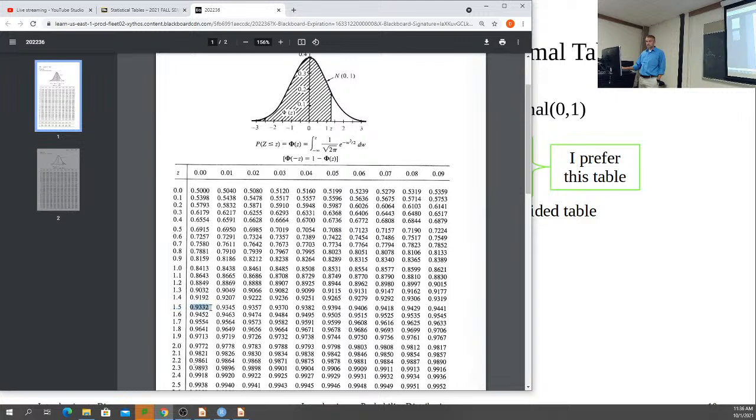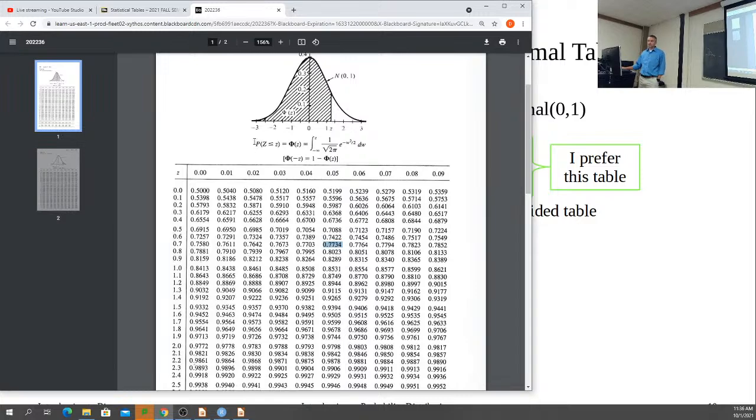The hundredths place is 0, which means our probability now is 0.9332. What if I ask the probability of getting less than 0.75? Well, I go down here, 0.7, and then I need the 5, which is right here, 0.75. So that area is 0.7734.